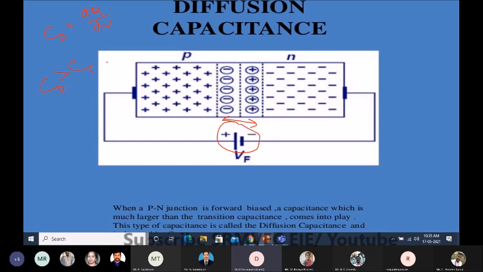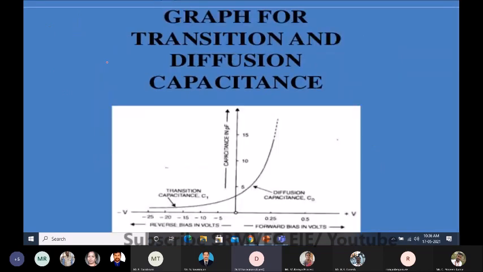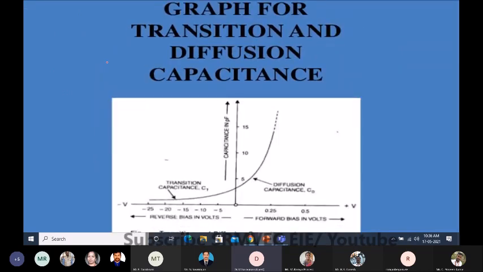So these characteristics play a major role, and we can see here the graph of the transition and diffusion capacitance. Transition is the reverse bias, and depending upon the width it is of very low value. And in the forward bias, we can see the diffusion capacitance, and it is of high value. So this characterizes the characteristics in terms of forward and reverse.